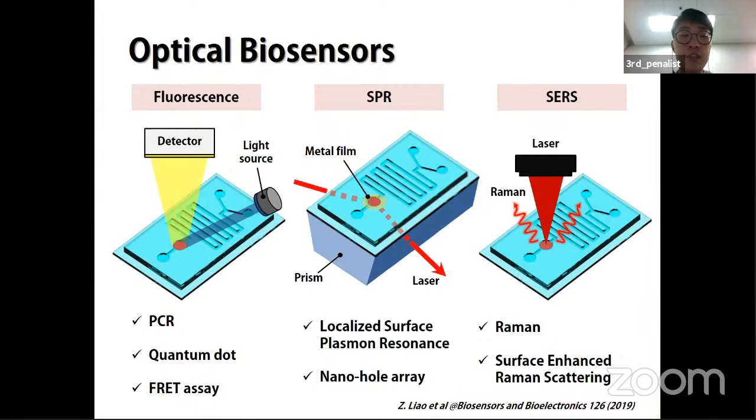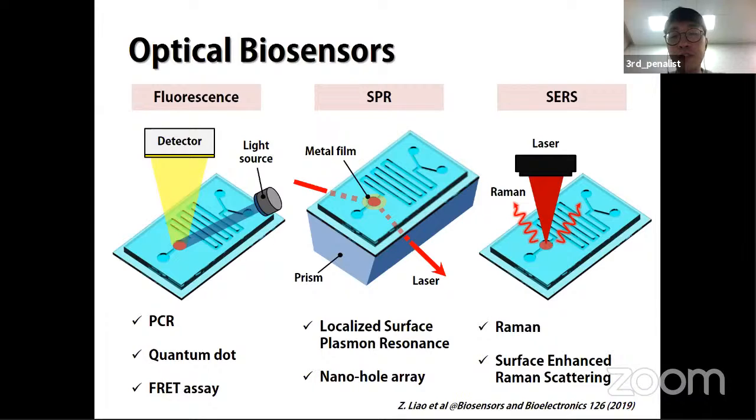Next is SPR, the most widely used method for label-free optical biosensors. It consists of the resonance oscillations stimulated by incident light at the interface of two media, owing to their merits of low cost and ease of integration.